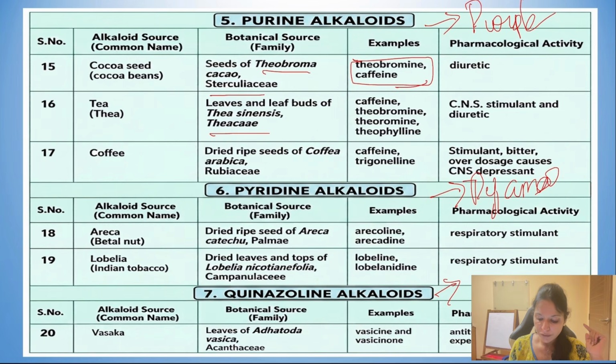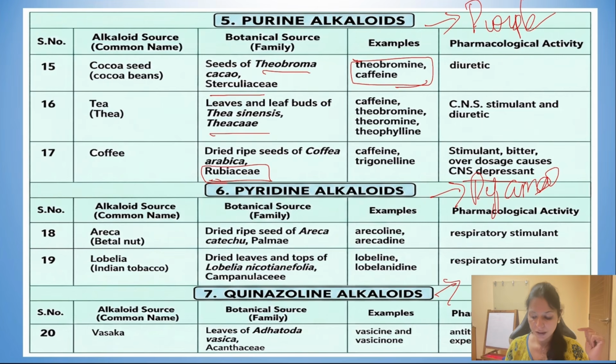Coming to coffee, the source is dried ripe seeds of Coffea arabica belonging to the family Rubiaceae. We have already come across this Rubiaceae in our previous examples. Comment this in the comment section. Caffeine and quinoline are the main active constituents here, and it is a stimulant as mentioned earlier.